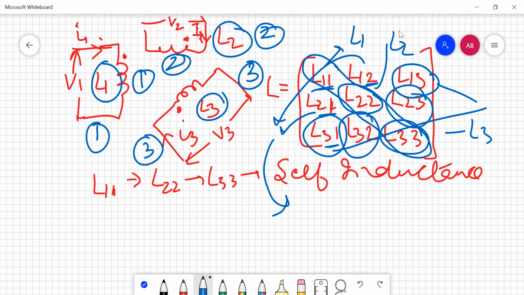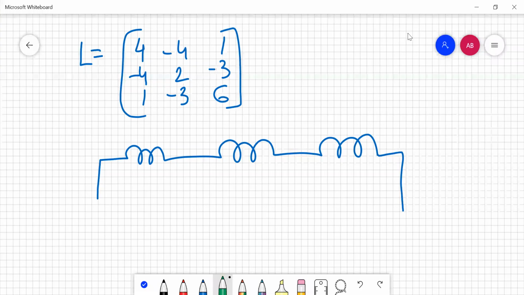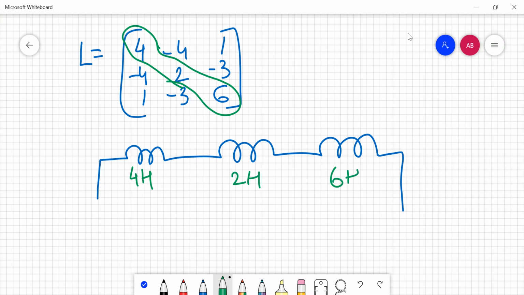So now let's do a small numerical based on this. The numerical can come like this: the inductance matrix has been given. There are 3 coils and you have to find the inductances and indicate the dots for all the coils. So firstly, remember that these are the self-inductances of the 3 coils. That means this will be 4 Henries, this will be 2 Henries, and this will be 6 Henries.